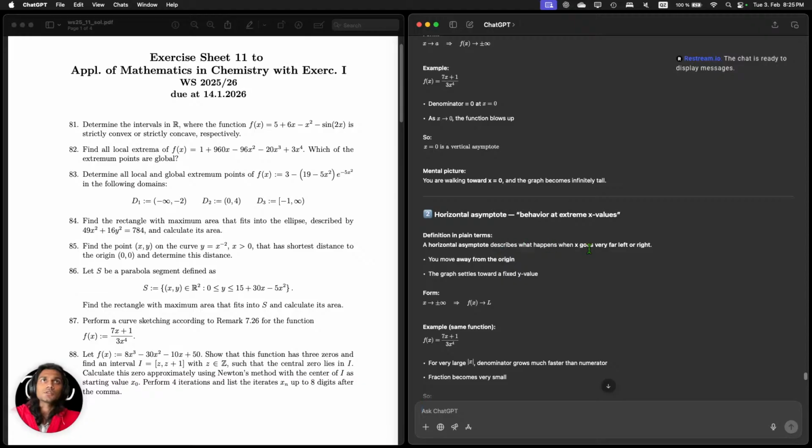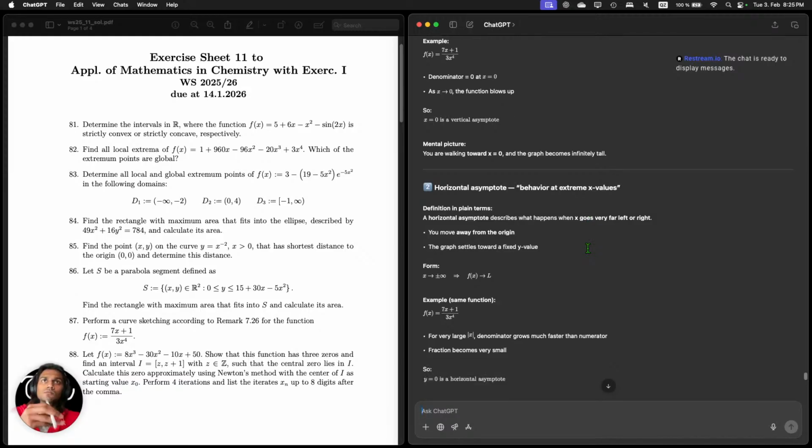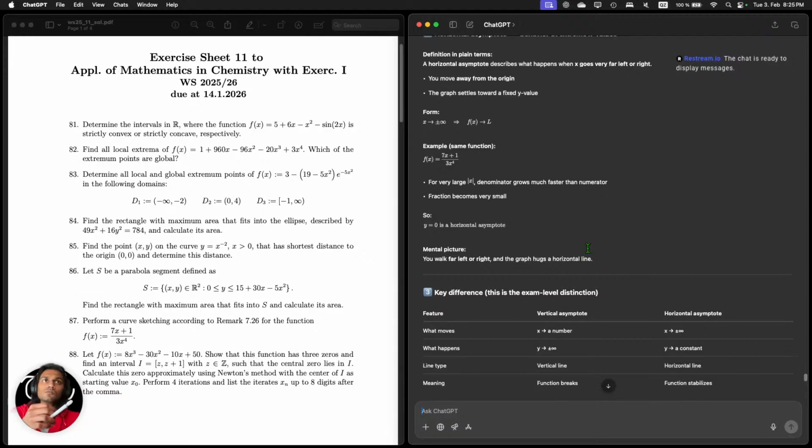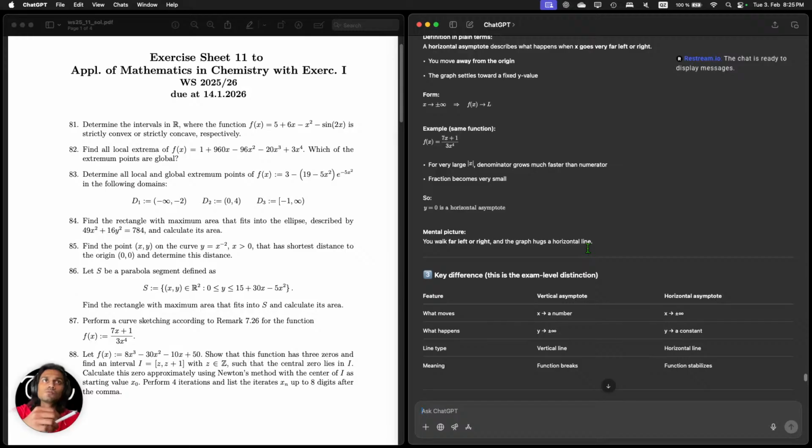A horizontal asymptote describes what happens when x goes very far left or right. X equals a number, y equals plus or minus infinity: function breaks. Function stabilizes. Okay. Okay. Okay.